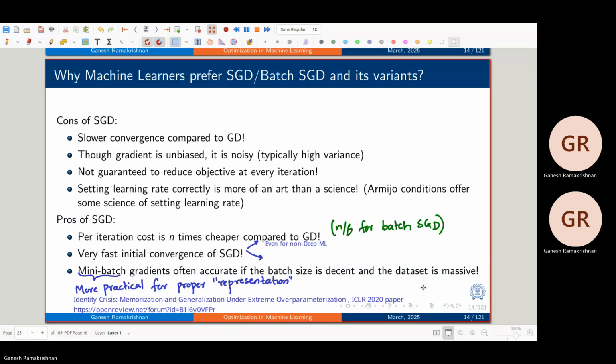Constant is a naive classifier. A transpose X plus B is still naive. A X square plus B X plus C gets more complex. So being naive can also lead to generalization, right?